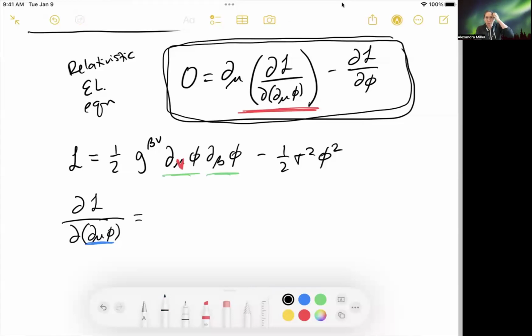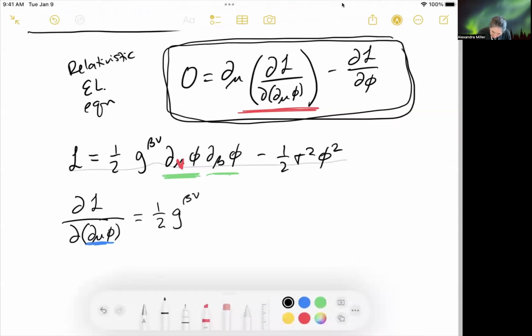So remember these indices run 0, 1, 2, 3, or t, x, y, and z. This thing underlined in blue only matches one of these things underlined in green if our indices match. And so when we take this derivative, g beta nu is just a constant, right? We don't have to worry about those.